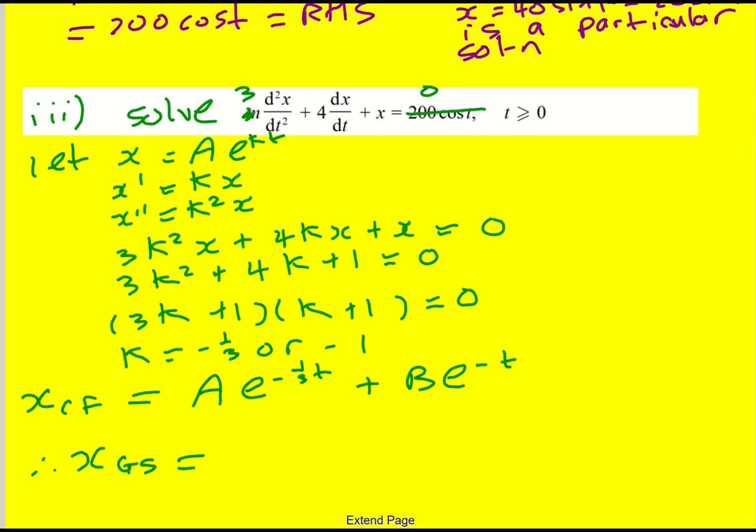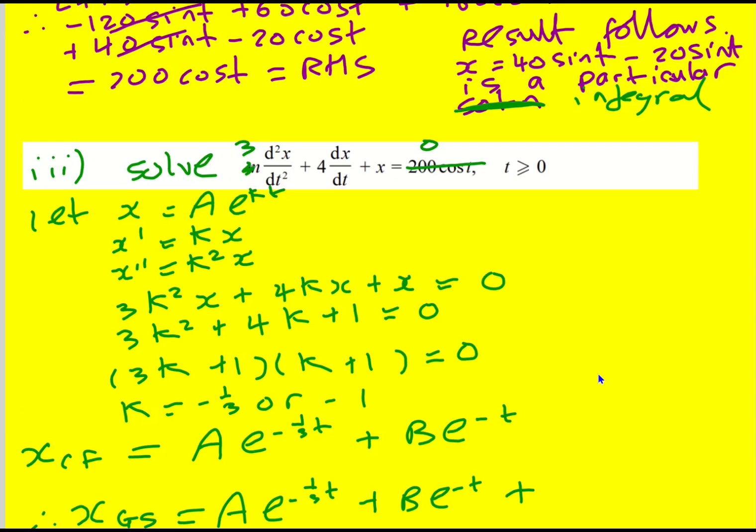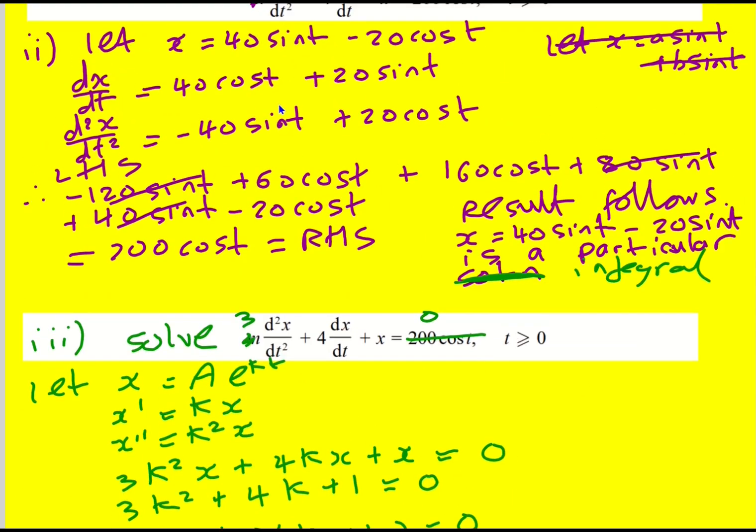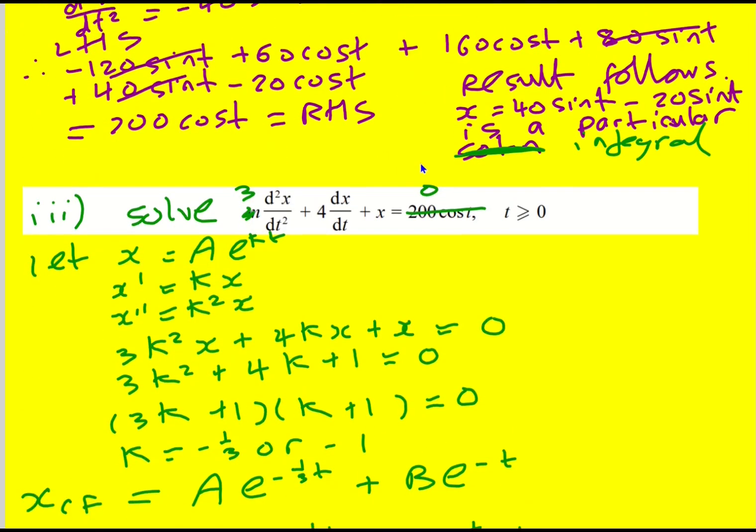The particular integral, they call it the particular solution up there. It's not the particular solution because that's when you put in your boundary conditions as well. So I'm just going to change it to particular integral. But ultimately, we're going to get a e to the minus 1/3 t plus b e to the minus t, then plus that 40 sine t minus 20 cos t.